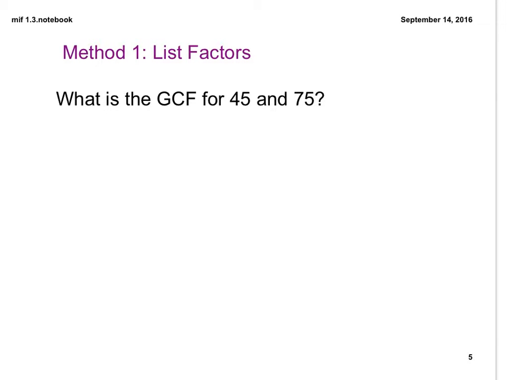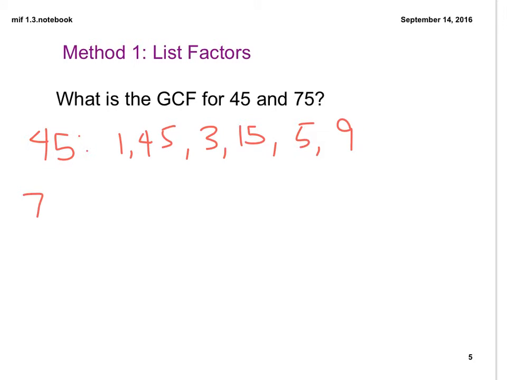So one way that we can do this is by simply listing the factors of each number. So take 45. We've got 1 and 45. 2 isn't a factor. 3, yeah, 3 goes in there. 3 times 15 is 45. And finally, 5 goes in 9 times.